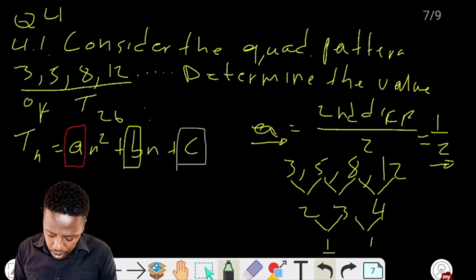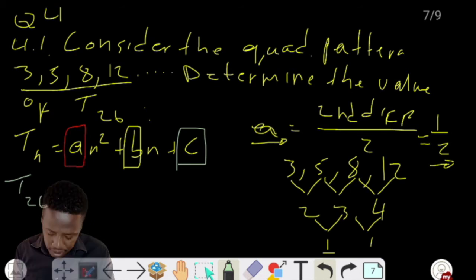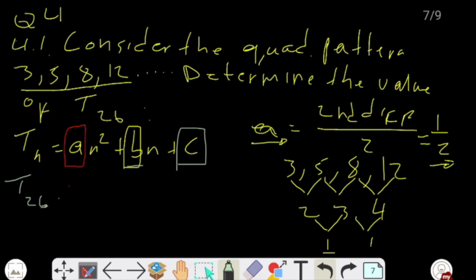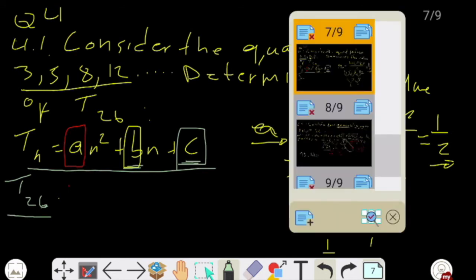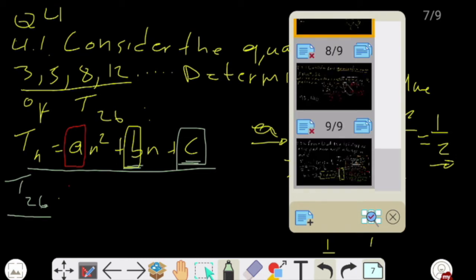What they are asking us to find is the value of T26, and we have these unknown variables. So what we need to do here is find the values of these variables so that we can use our equation fully in order to find T26. So let's do that.